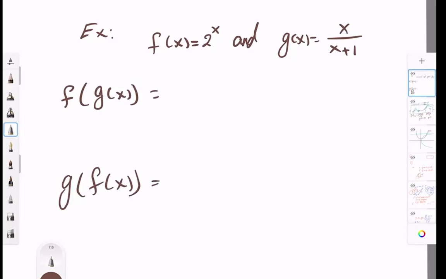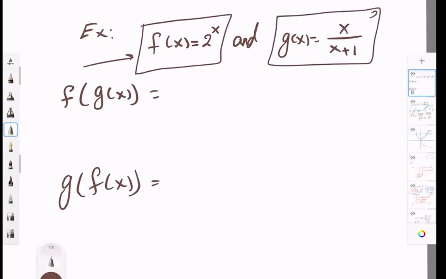As you see, now we are dealing with two types of functions that we didn't have any idea about when we talked about composing functions in chapter 2. Now, when you look at this function, you know this is exponential. And this one is a rational function. We will learn this soon. But we don't care what type of function they are. We should be able to combine them.